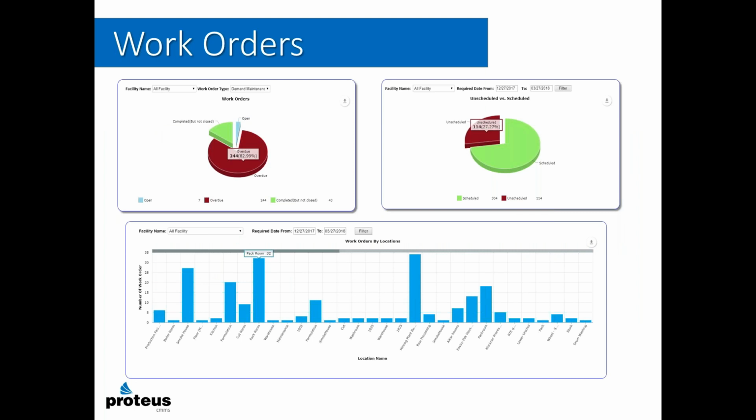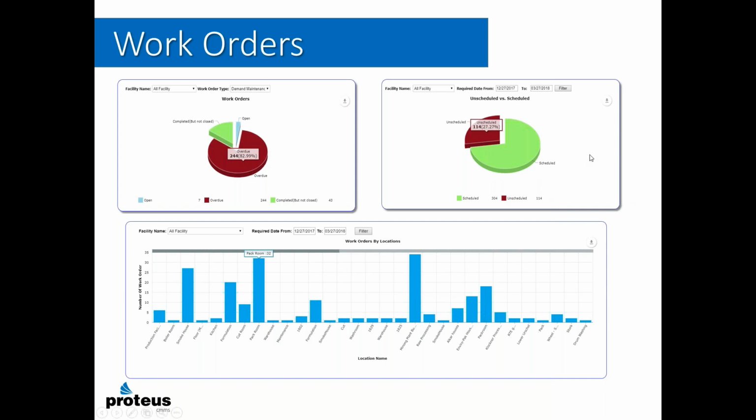One of our default screens when you begin is to look at work orders by work type. Are they preventive or break fix work orders? And then on the right side at the top, we see those that are open but not overdue. And then we also have the ability to have overdue work orders show, and that's on a real-time basis.